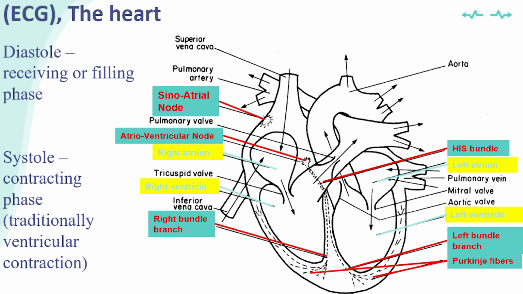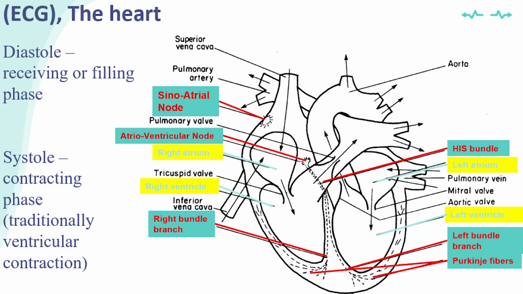It is the cells within the SA node that are responsible for initiating the action potential by depolarization. As the cells depolarize, they generate an impulse, an action potential that moves within the atria of our heart and causes those atria to contract.